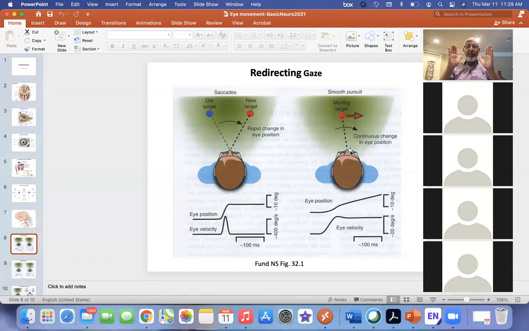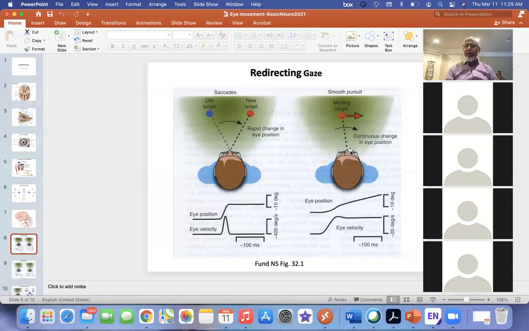We don't think about it, but both of these images will be formed in the corresponding part of both retinas, so that we don't see two slides. Even though images are produced in two different retinas, they are fused together so that we see only one thing. So that is the importance of binocular vision.